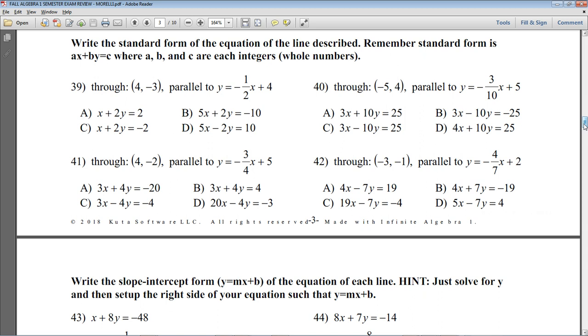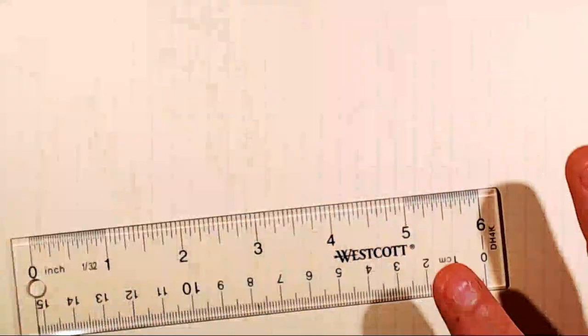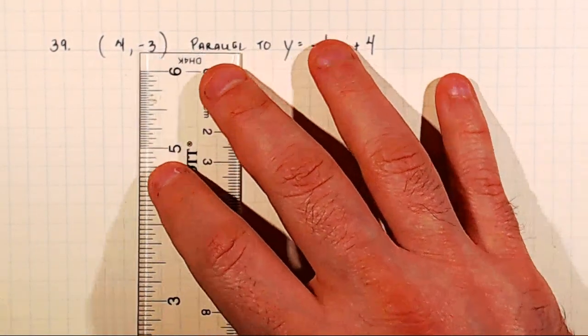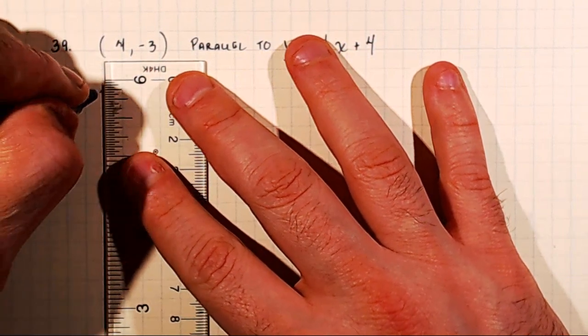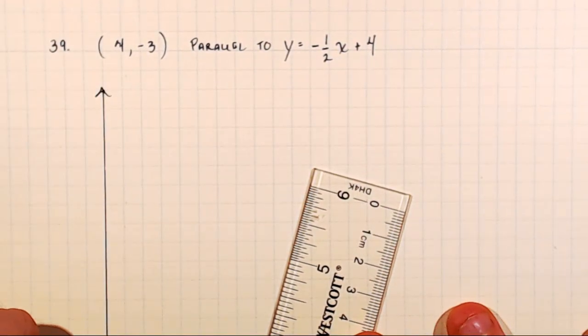Okay, so let me flash back to our work surface here. All right, so I could graph this, and if you know me at all, you know I will graph it. So here is a graph.